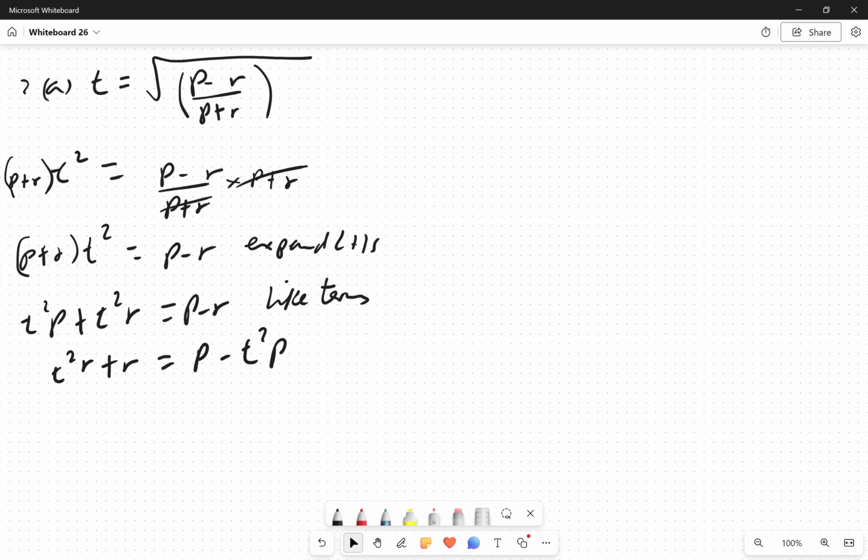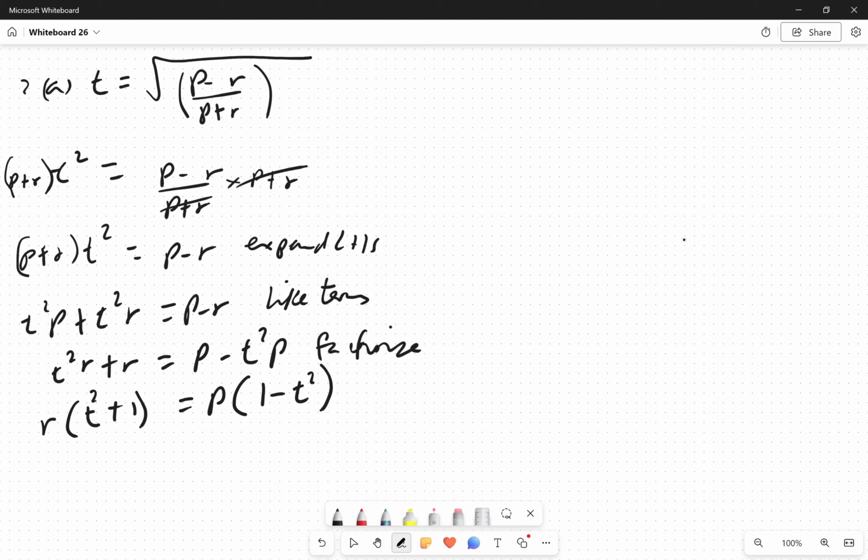And then you can factorize. If you want, you can factorize both sides because there's p here, and there's r here, r here. So we can have r at the left-hand side. We are now left with t squared plus 1. At the right-hand side, we have p. You don't need to factorize the right-hand side, but let's do it. p, and then we have 1 minus t squared. Okay, we're looking for r.